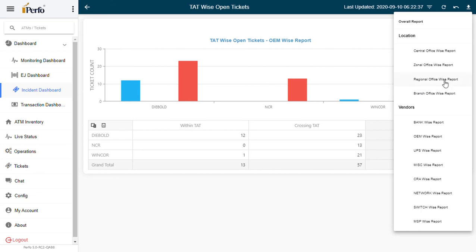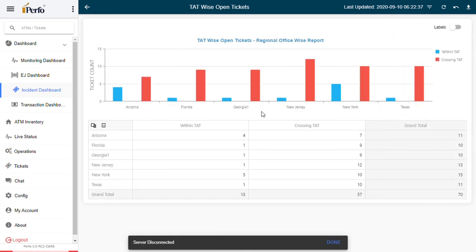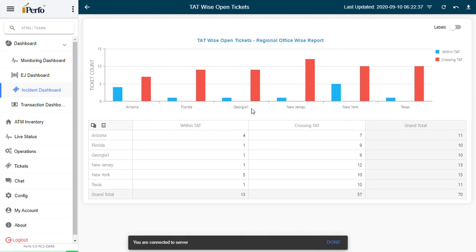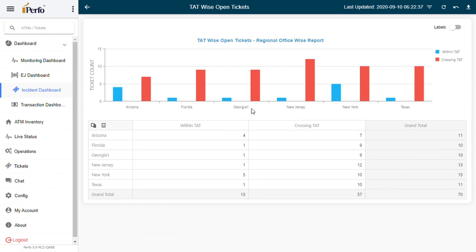You could even analyze it from the standpoint of regional and zonal offices also. So, for example, in a particular region, if the overdue tickets are at a high number, then it simply points to the service agencies operating in that region, that either they are not doing an efficient job or they are understaffed, right?